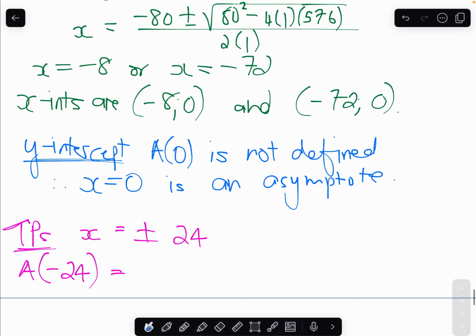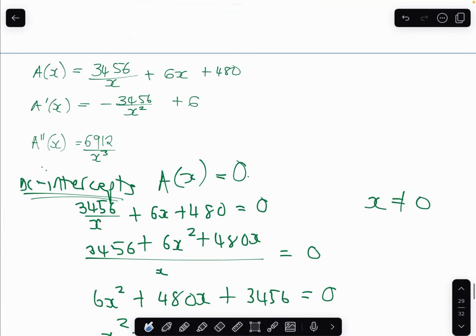The value of the function when x is negative 24.